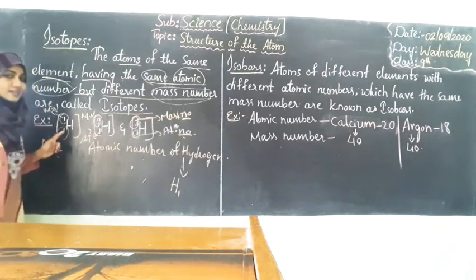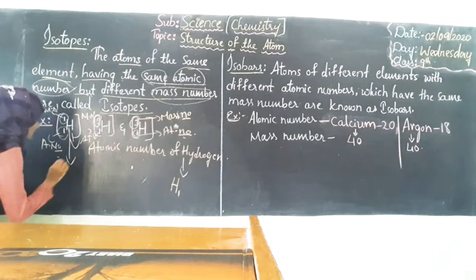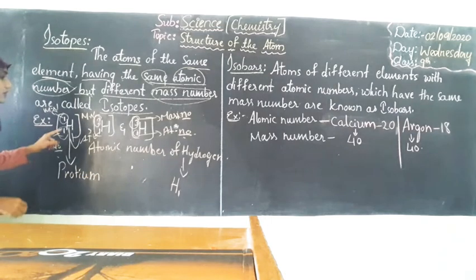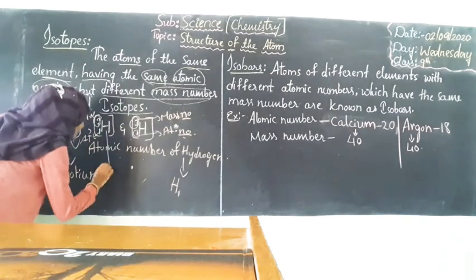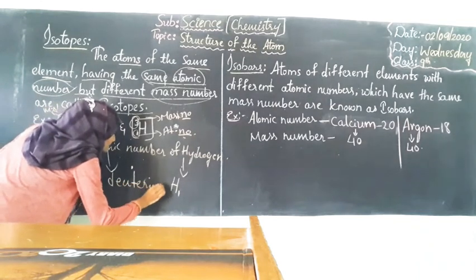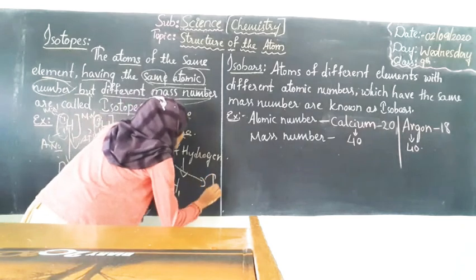And here too, 3 is the mass number and this one is the atomic number. So H11 is nothing but protium. H12 is deuterium, and H13 is tritium.